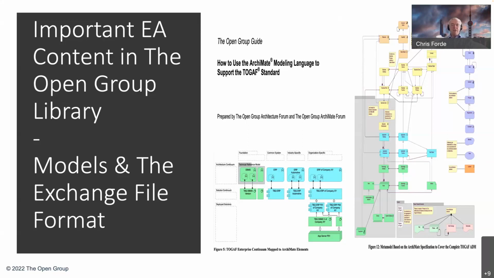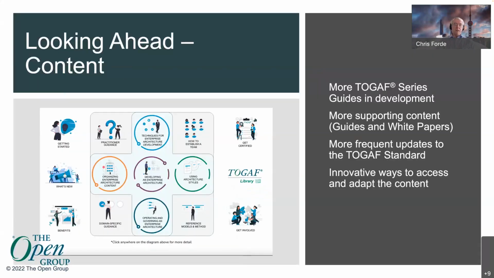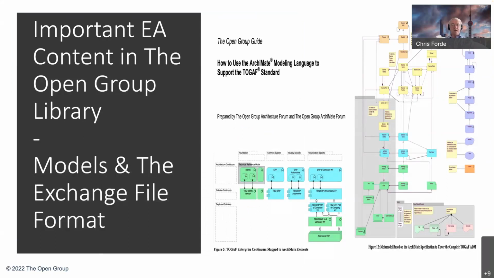Now, there are many other examples of useful materials in the Open Group library generally and the TOGAF library for you to use. This is just one example, so I strongly encourage you to go through the available material. For example, I didn't mention in the list of reference guides and reference models the microservices architecture guide.